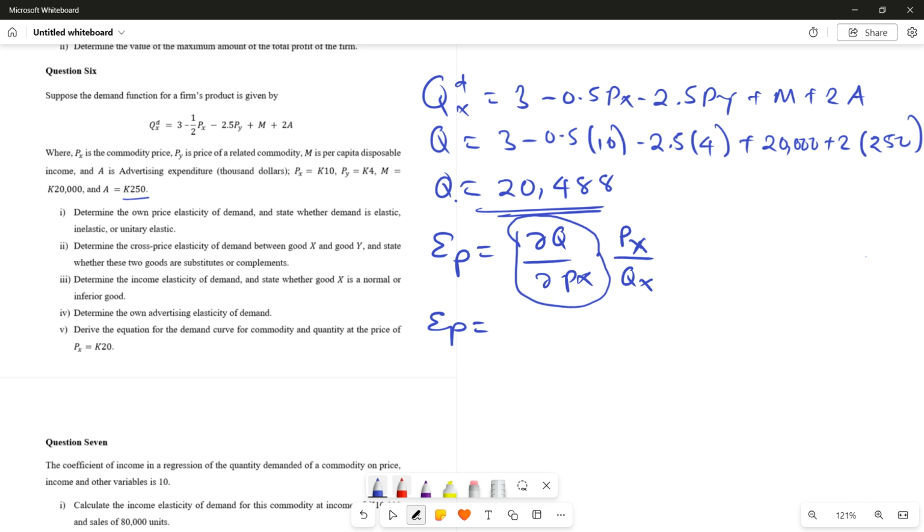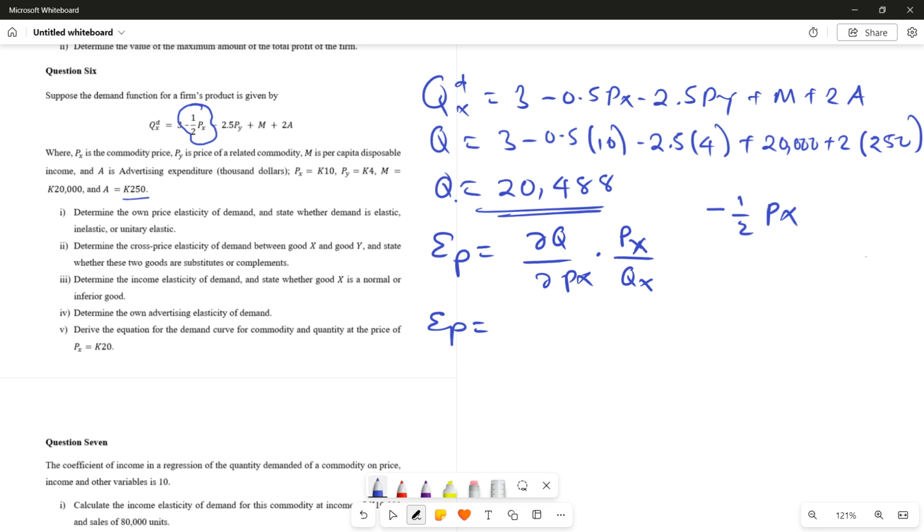When we differentiate with respect to P, it's just that part there, the minus 1 over 2 Px. So we are going to differentiate this part, 1 over 2 Px, with respect to Px. Please get me right, you are not differentiating with respect to x.